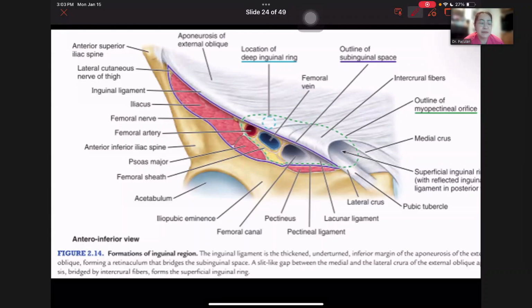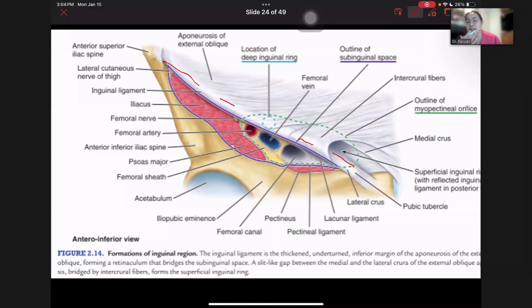Now, this is your inguinal ligament, and you can see this in your textbook. It's a dense band constituting the inferior-most part of the external oblique aponeurosis. Later on, I have a figure wherein you would see that they don't just arise, they just change names as you go down the different regions of the abdomen.